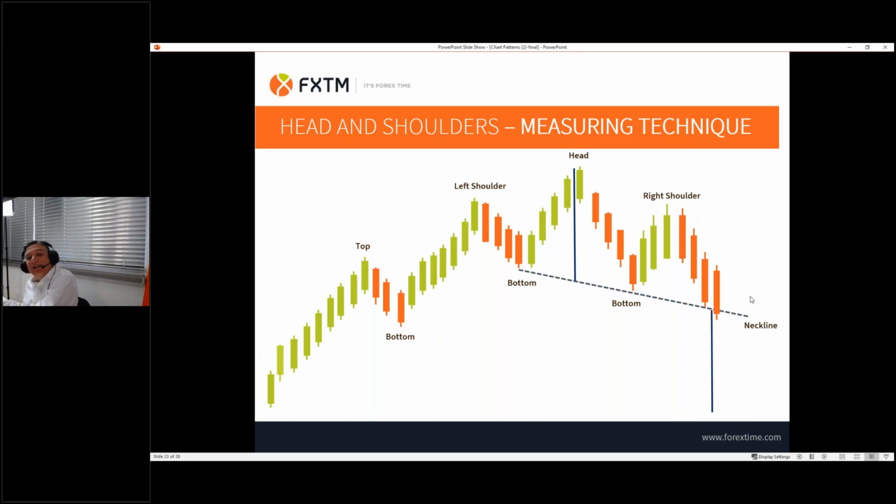It's skewed downwards. So, again, the measuring technique is very simple. You take the height of this pattern and you project it at the breakout level. Anything else is the same. You sell here, stop loss is at the right shoulder.